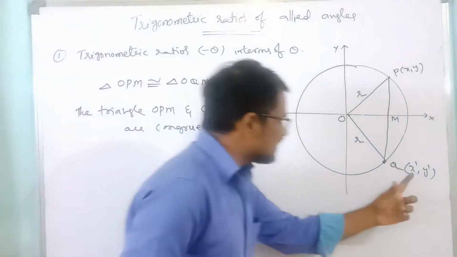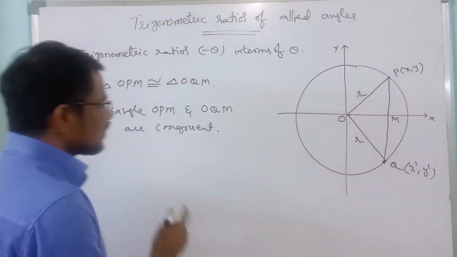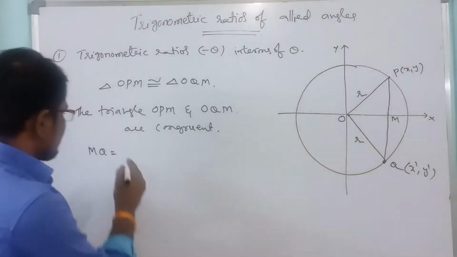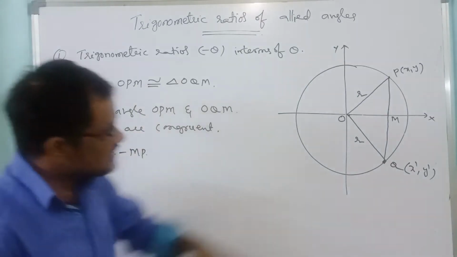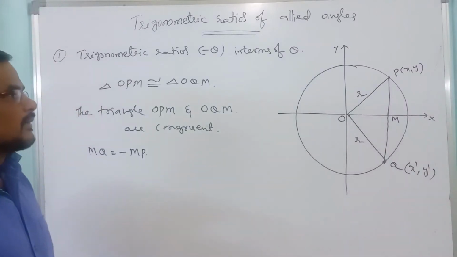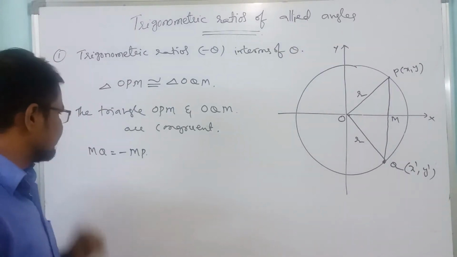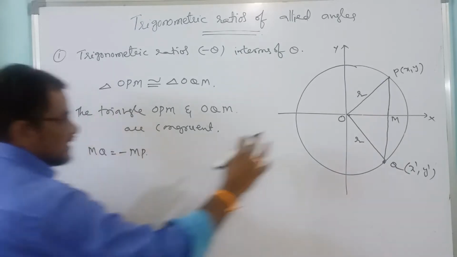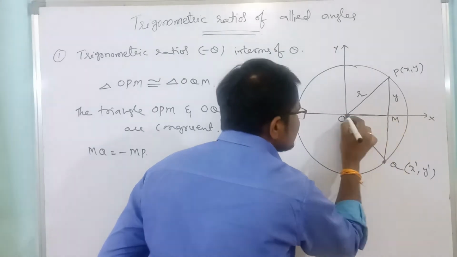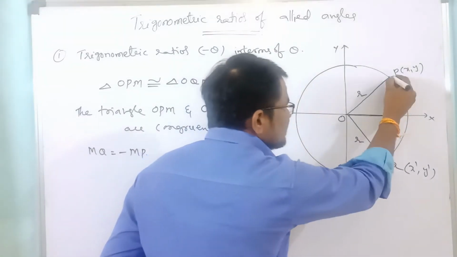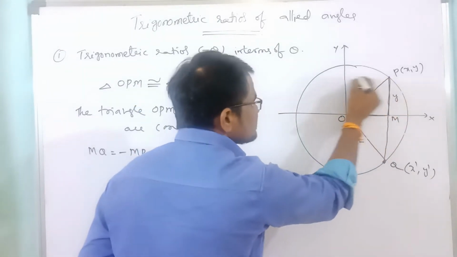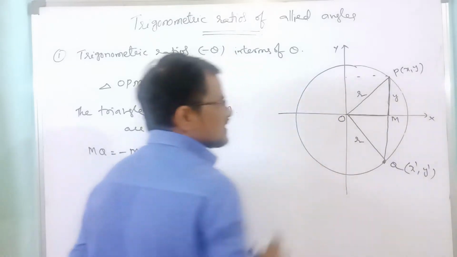So therefore here MQ is equal to what? Minus MP, right? Because this is the negative side. MP is the distance from the point to the x axis, which is y, and the distance to the y axis is x.